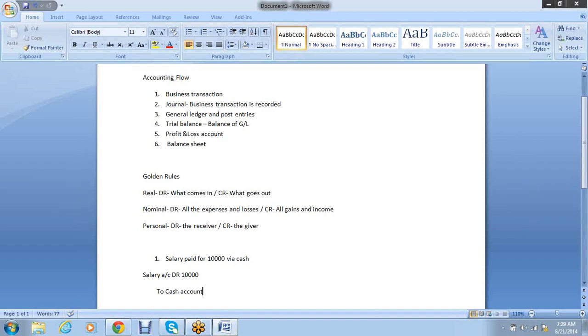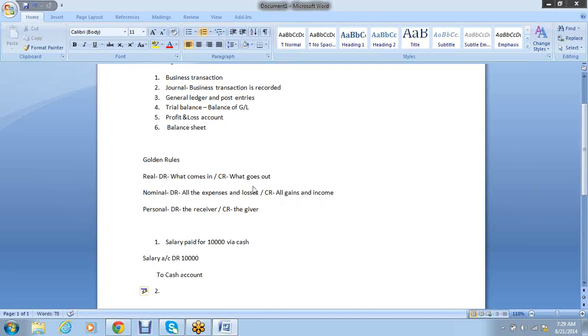Because from the company perspective, don't think of the employee perspective. Always think from the company perspective: cash is going out. Clear on this? So we do not consider the individual's account, so we call it the cash account. Where the individual account will come, I'll give you that example also.